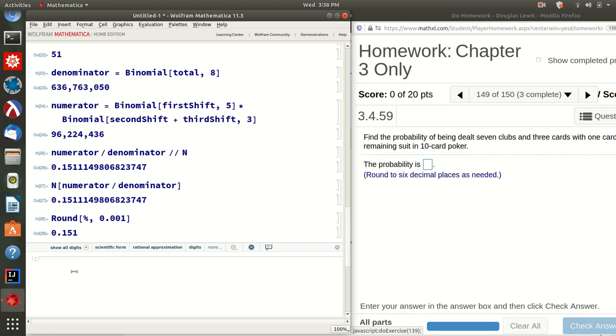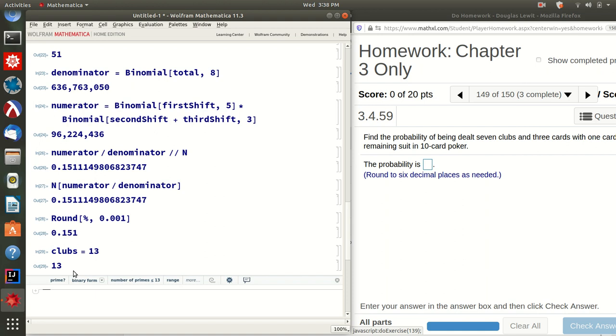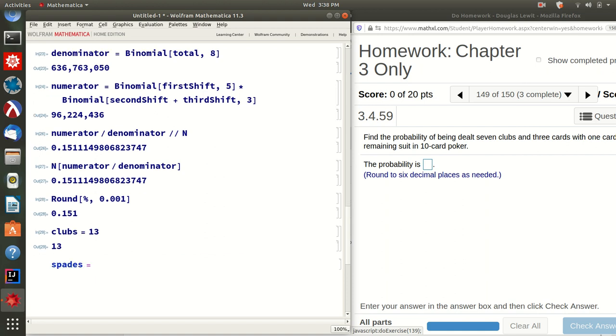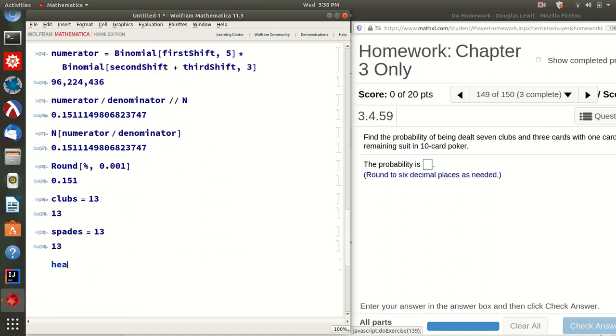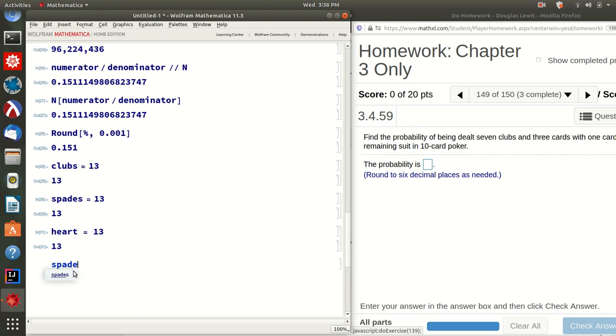So how many clubs? Well, we have a total of 52 cards. We have 13 clubs, 13 spades, 13 hearts, and 13 diamonds.